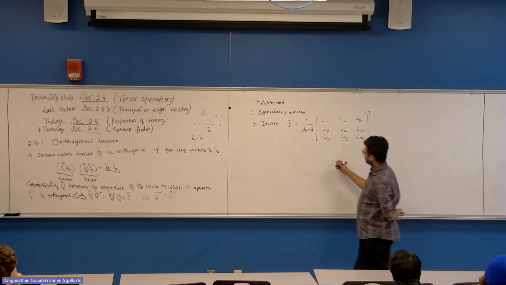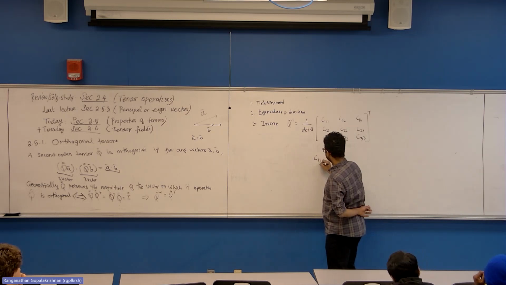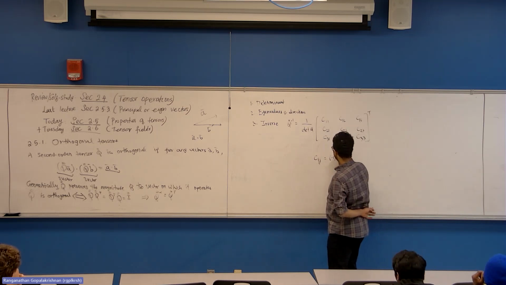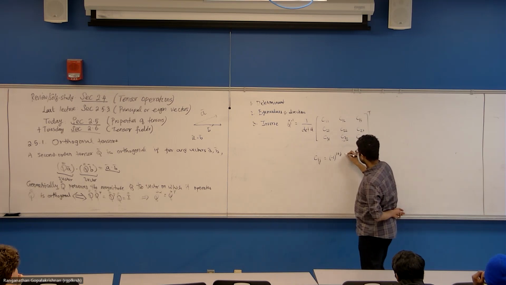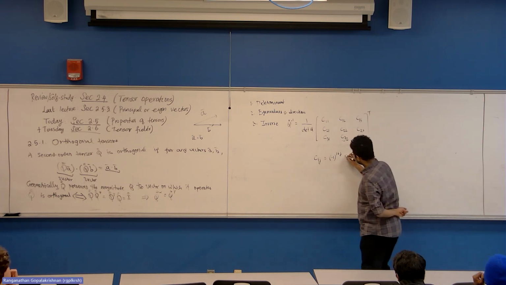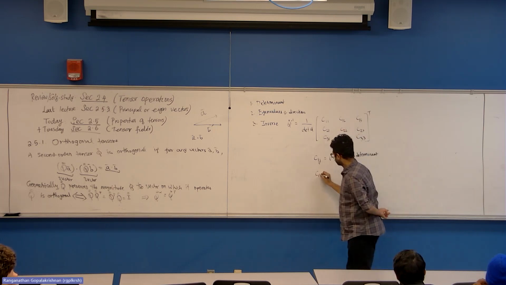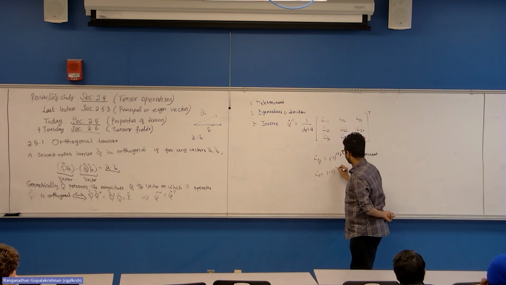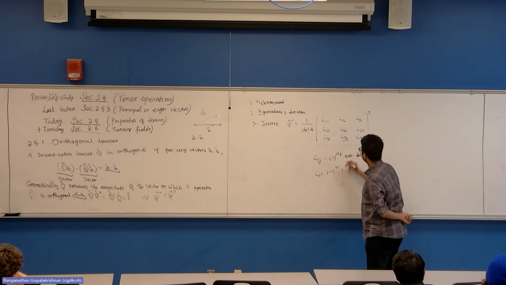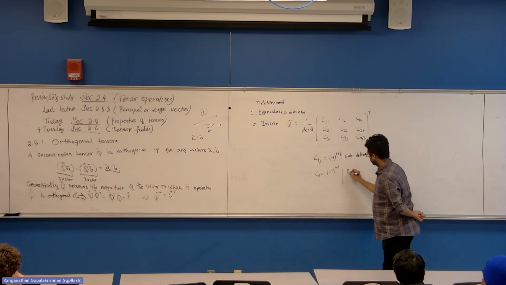What is cofactor matrix? Cij is minus 1 power i plus j times the subdeterminant. I don't remember the formula for it, but I'll just give an example. Suppose you are considering C11. C11 is minus 1 power 1 plus 1 multiplied by what will be the elements here?